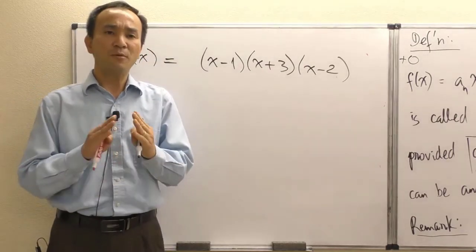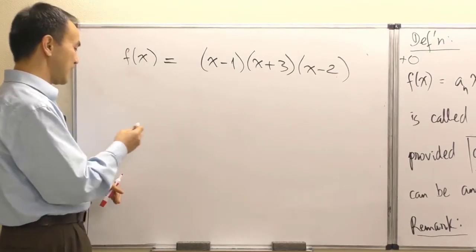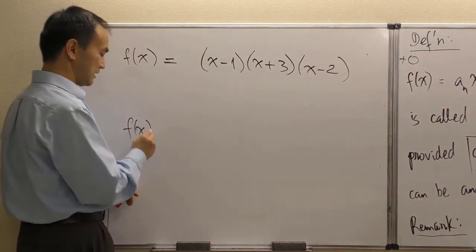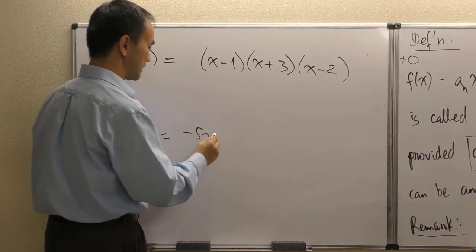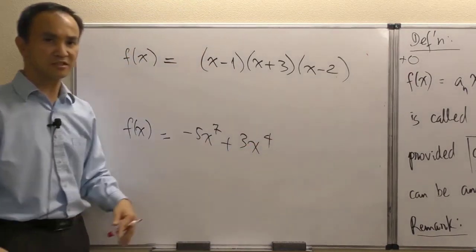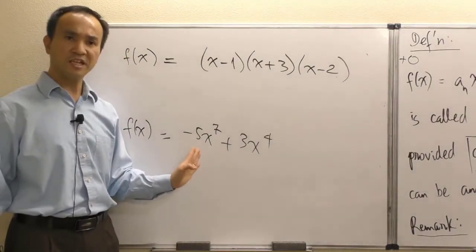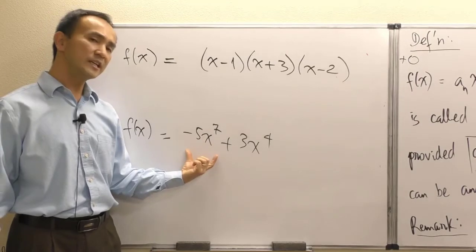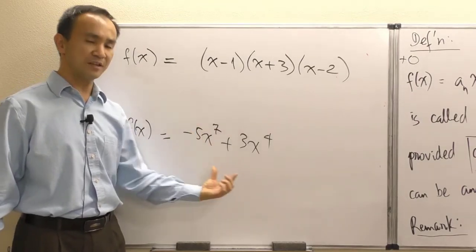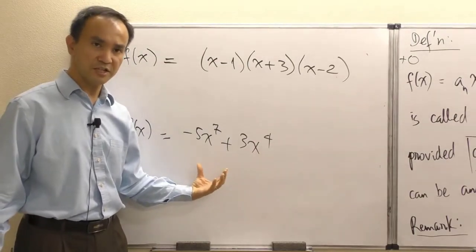We were able to identify all of that information. For example, if we're looking at f of x equals minus 5x to the 7th plus 3x to the 4th, and I'll stop at this short example with two terms, we see clearly that this is the leading term, which tells us the degree of our entire polynomial. So this is degree 7.